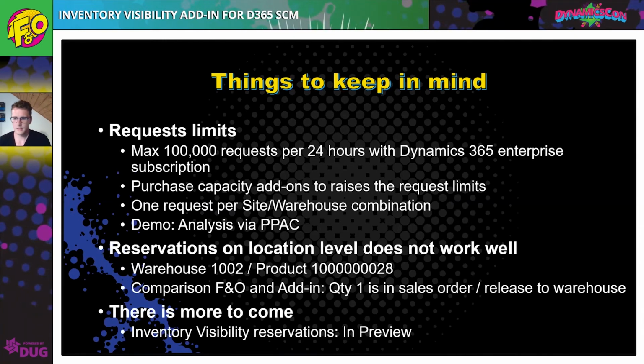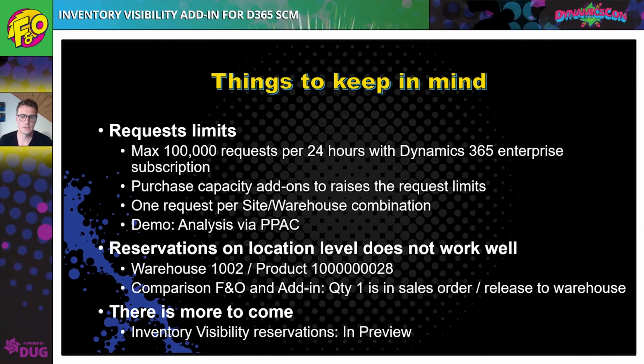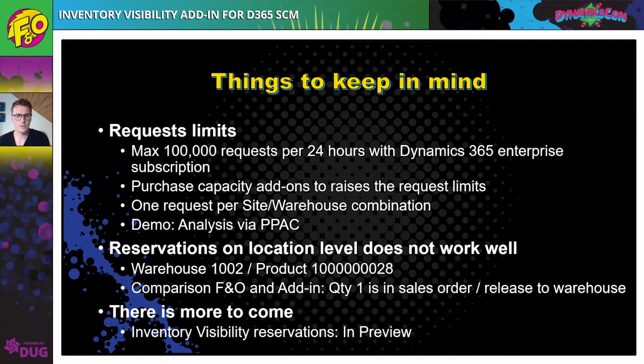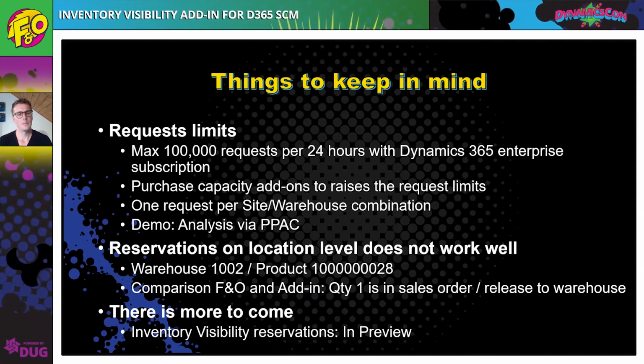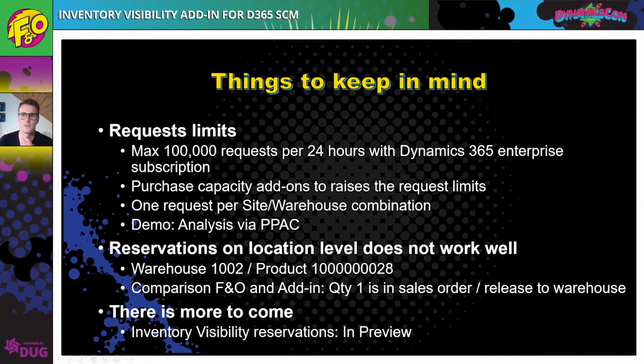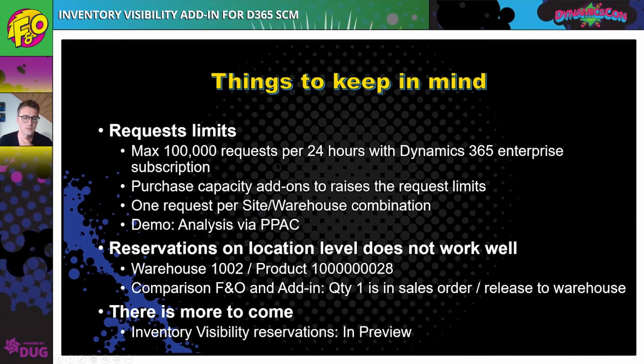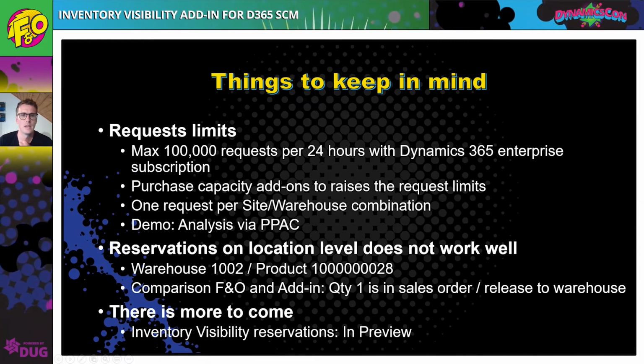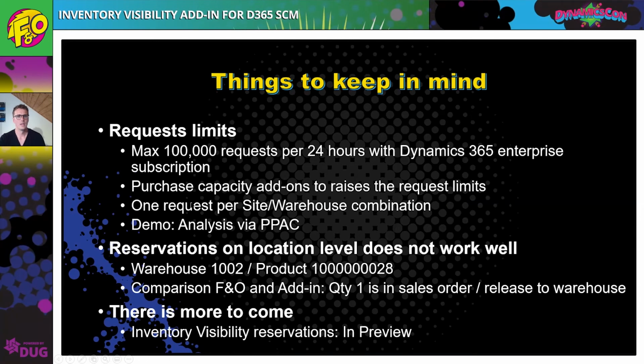The OData thing I told you before is subject to throttle, but also the APIs on the Power Platform have their request limits. If you have a Dynamics 365 Enterprise subscription, you have 100,000 requests included per 24 hours. If you exceed this limit, you have to pay for more.